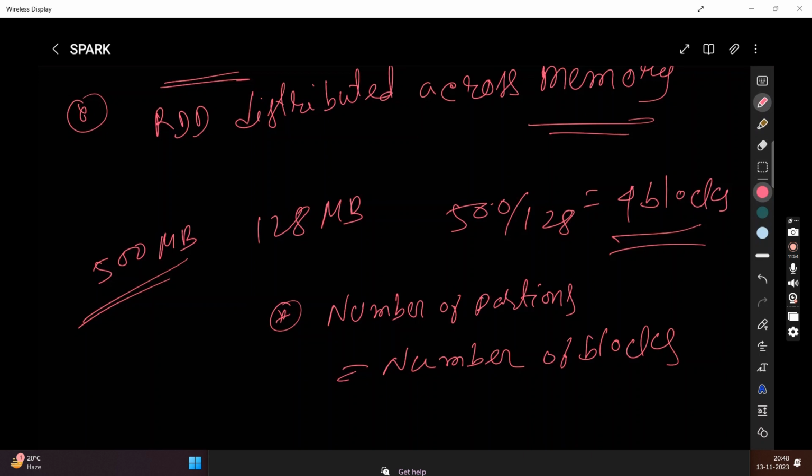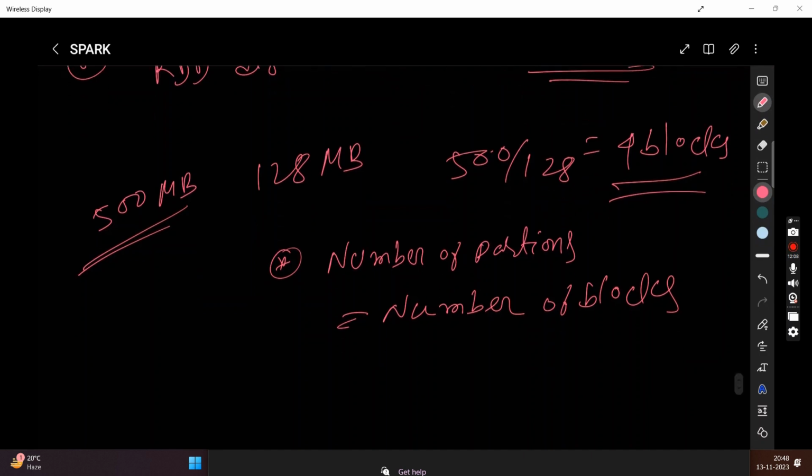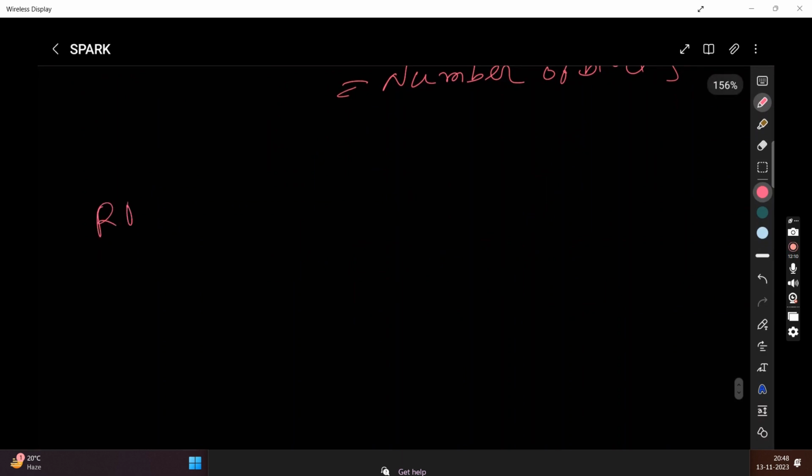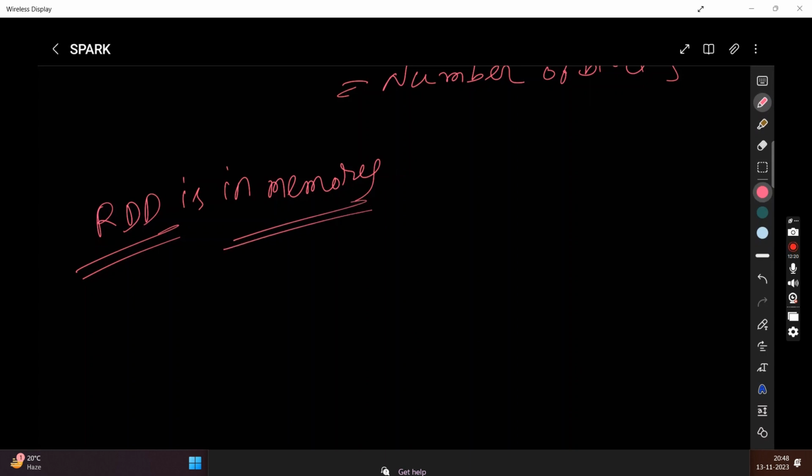And we already know that RDDs are resilient. What does resilient mean? Before that, I want to say RDD is in memory. I am repeating again, RDD is in memory because everything is in RAM.